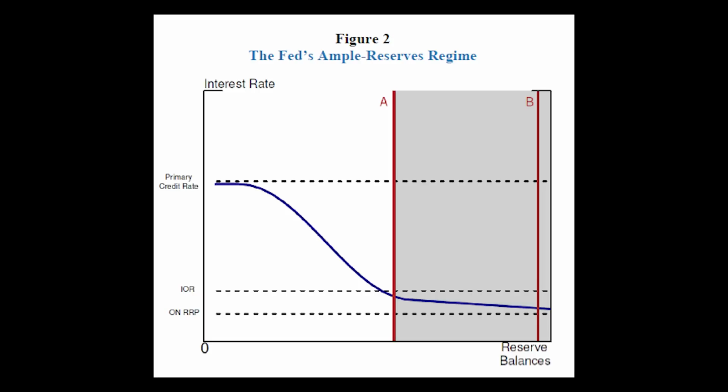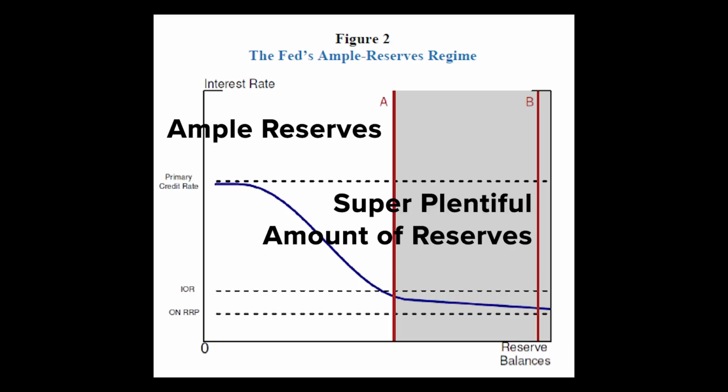You can see there's no numbers on the chart because it simply represents that the Fed has complete control over determining the level of reserves. The reserves should fall somewhere between line A, ample reserves, and line B, super plentiful amount of reserves. Those are the actual terms used in the paper.